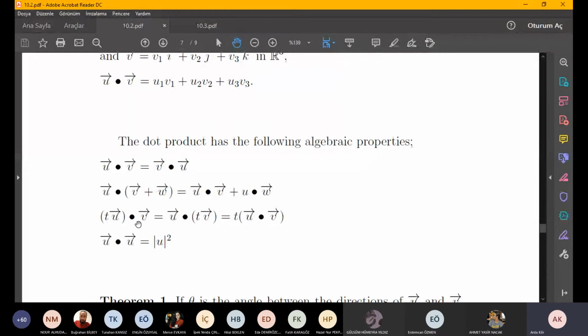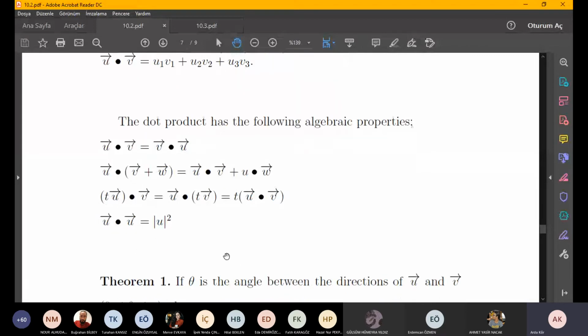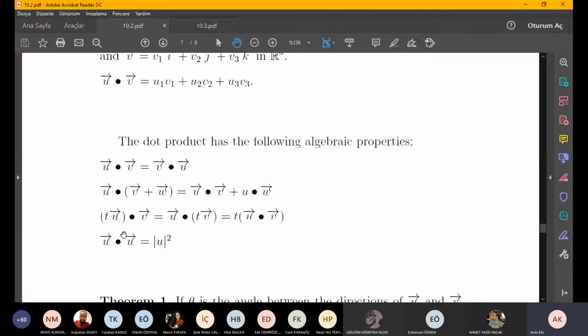Also, this is easy to see by using the dot product definition and the scalar multiplication of vectors. At the end here we have the dot product of u and u.